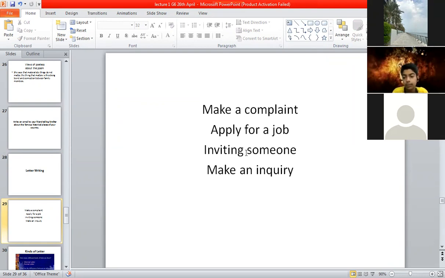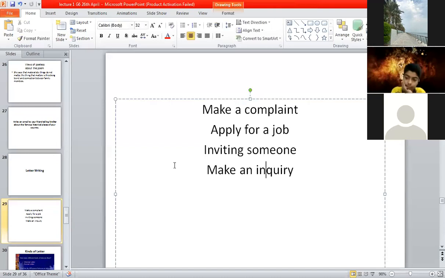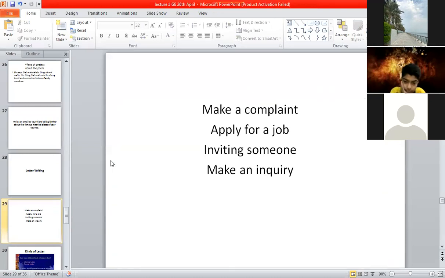When you have to invite someone, suppose you want to invite your friend or relative to your birthday party, that will be an informal letter because you are inviting your friend. And a formal letter is written to authorities. It is written for official purposes. Make an inquiry, that is also a formal letter.